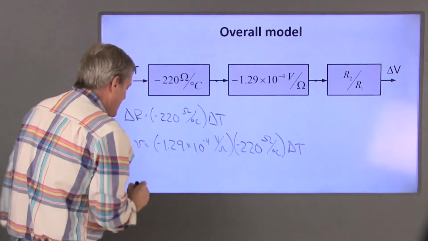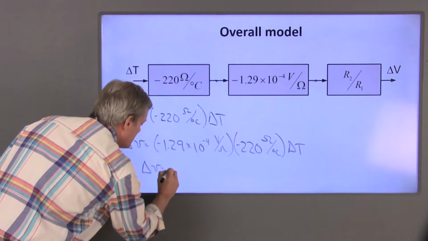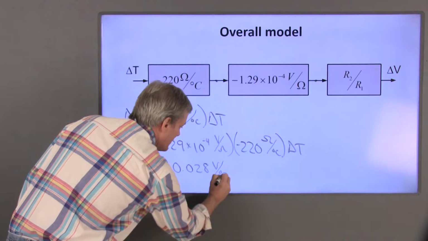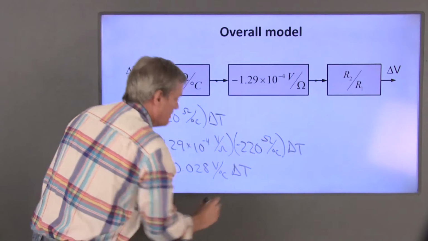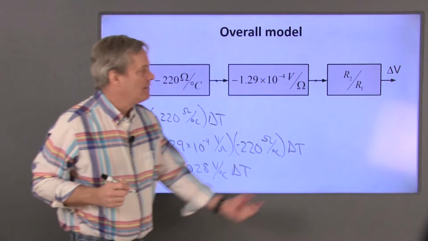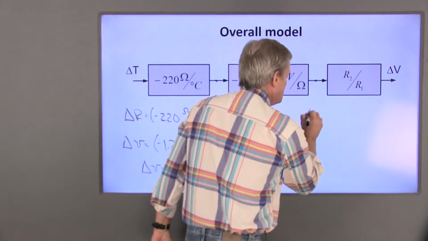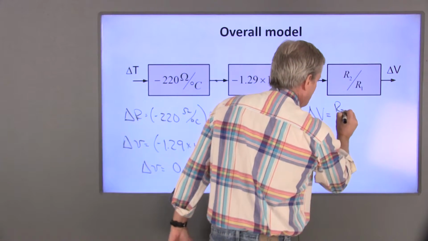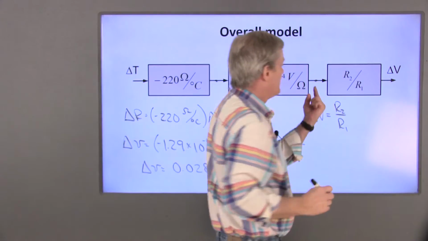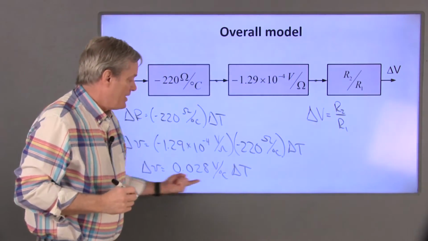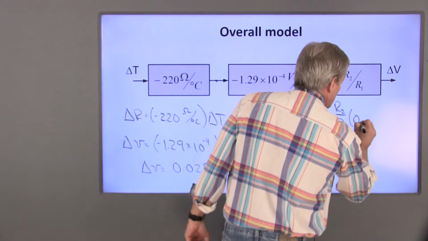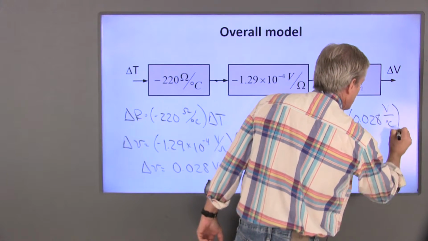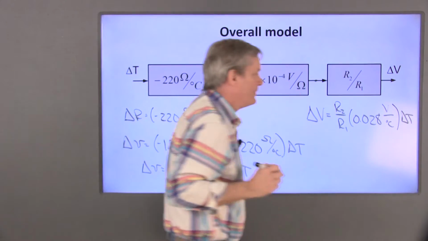If I do this multiplication, delta v is equal to 0.028 volts per degree centigrade times the temperature change delta T. Finally, this voltage change, delta capital V, is equal to R2 over R1 times this voltage change, which is 0.028 volts per degree centigrade times delta T.